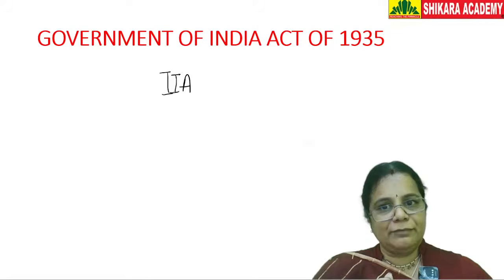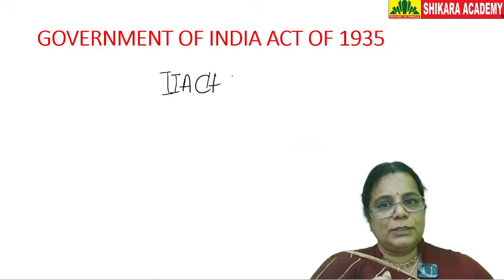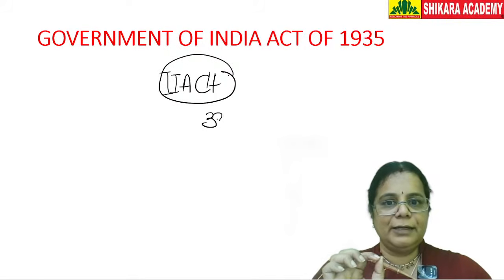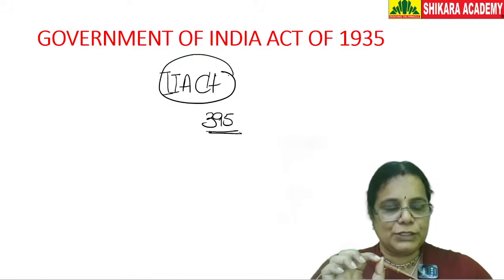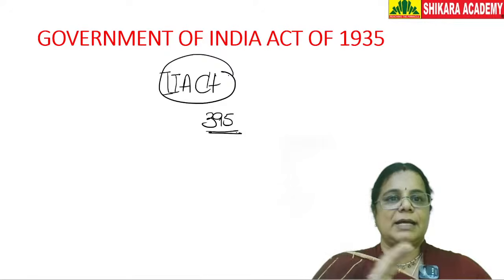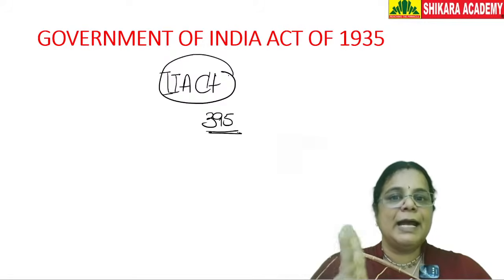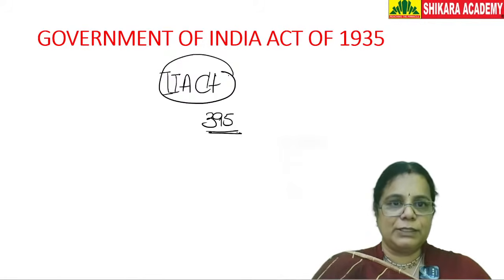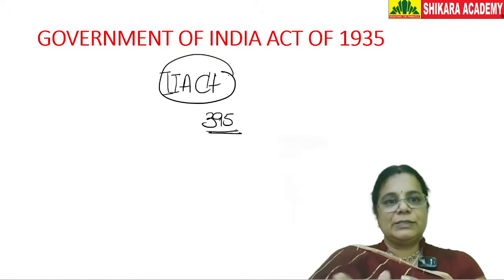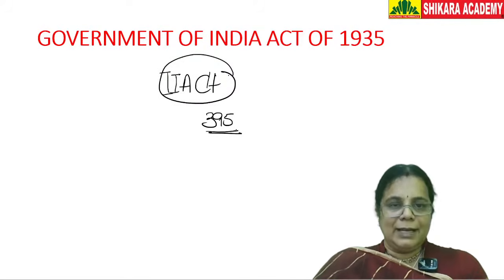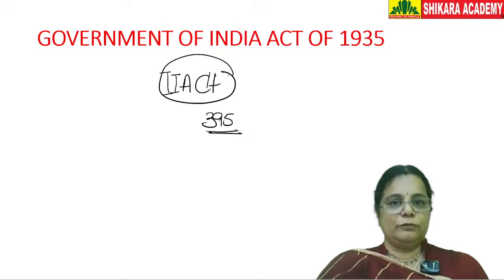Now, the reason why I would talk about this is, I don't know how many of you are aware, the last article, 395 article of the Constitution declares that the India Independence Act stands repealed. The Government of India Act 1935 and the India Independence Act of 1947 stands repealed. So these were the laws made by the Britishers, introduced for in India, and they had a profound impact on the making of the Constitution.